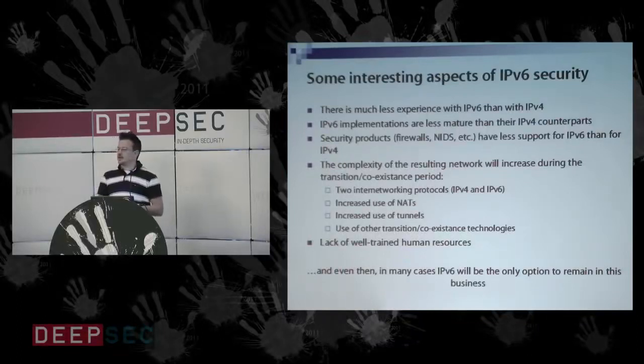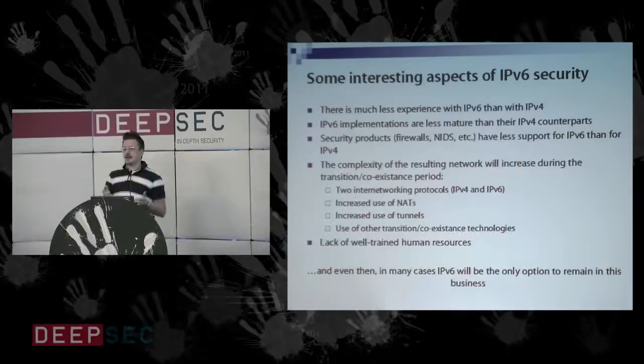Then there is the one about the maturity of IPv6 implementations. If you go to any site that keeps a database of vulnerability advisories, you will find at least 100 about IPv4 implementations. And if you look for the same thing for IPv6, you will probably find about half of it, 50 or maybe even fewer vulnerability advisories. For some people, that's an indication that IPv6 is more secure than IPv4.